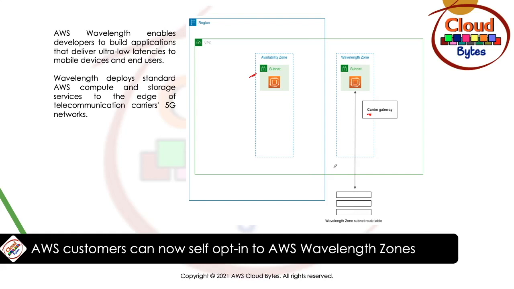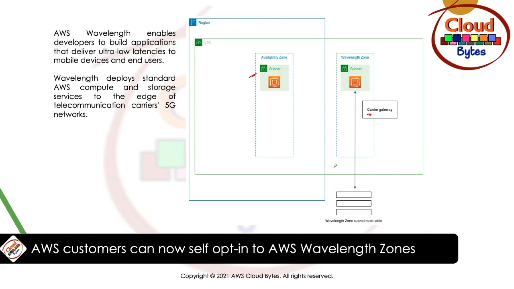So customers can now easily enable an AWS Wavelength Zone themselves from a new setting in the EC2 console. There is a setting, or you can use the modify availability zone group API. Once enabled, the customer can create and manage resources in the Wavelength Zone using the same APIs and management console they use for AZs in AWS regions.